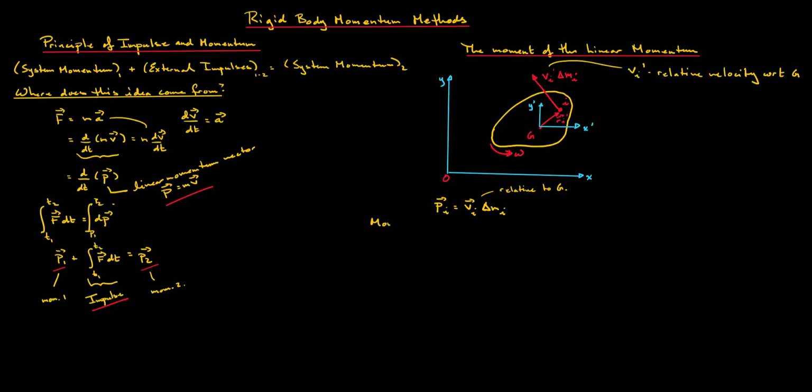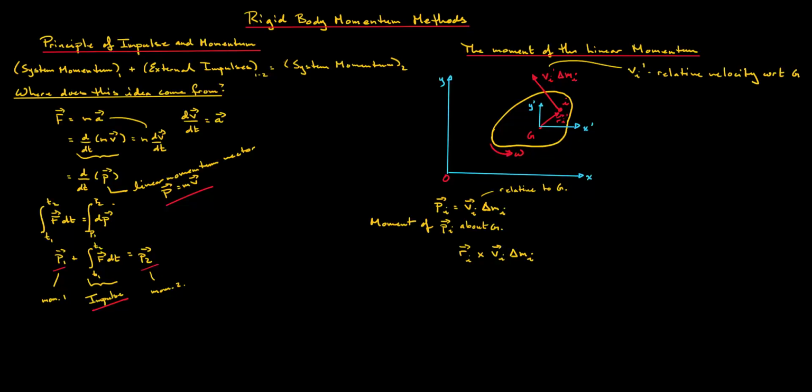So we have the moment of Pi with respect to G, or should we say about G. Okay, and so this would take the form of our moment arm, Ri, and we're going to cross it with our linear momentum, Vi delta Mi.